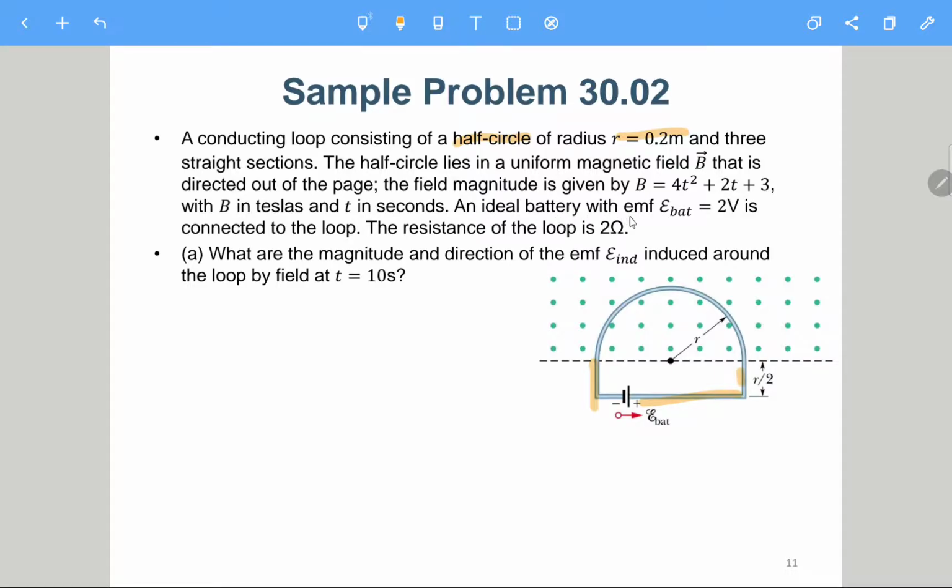An ideal battery with EMF E_bat equals 2 volts is connected to the loop. The resistance of the loop is 2 ohms. What are the magnitude and direction of the EMF induced around the loop by the field at t equals 10 seconds?